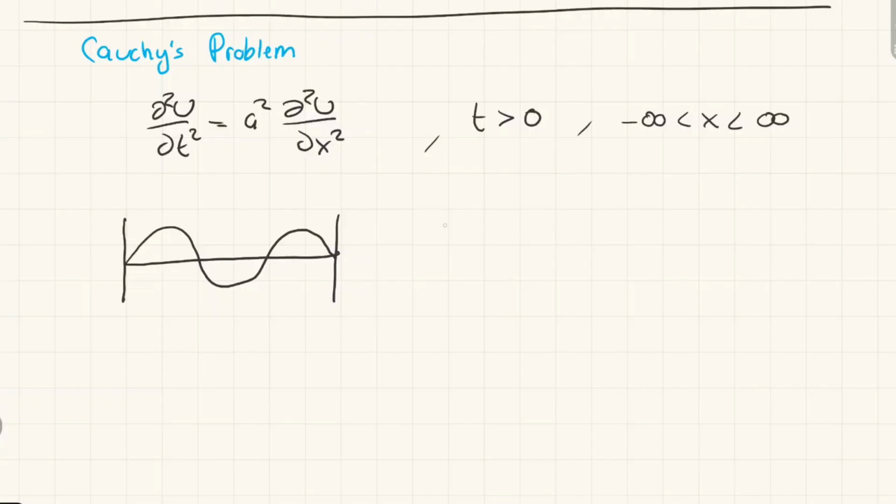So this can be seen as u of x evaluated at t equals 0 equals some function of x, right? So for any value of x, we have some value of the function u, okay? That is described by this function of x.